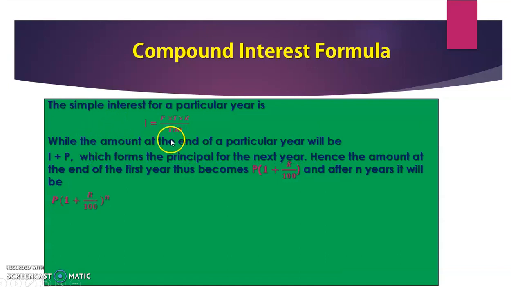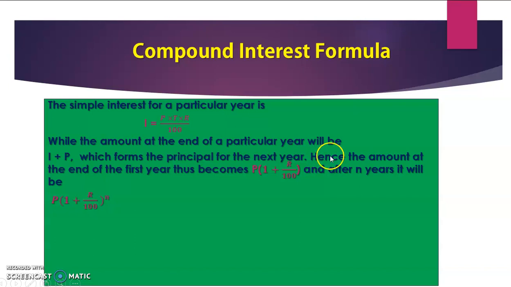While the amount at the end of a particular year will be interest plus principal, which forms the principal for the next year. If you recall from our previous video on compound interest, we made use of this interest plus principal to calculate the principal for the next year.